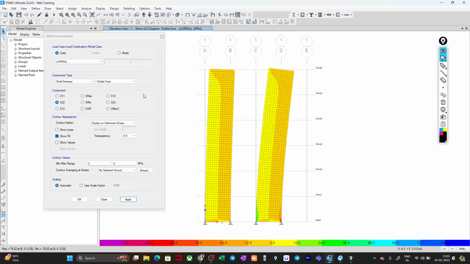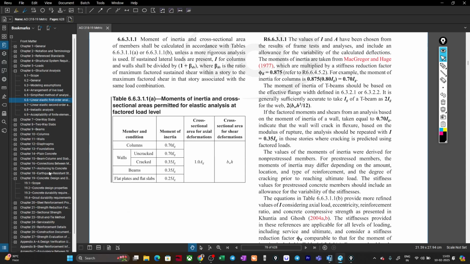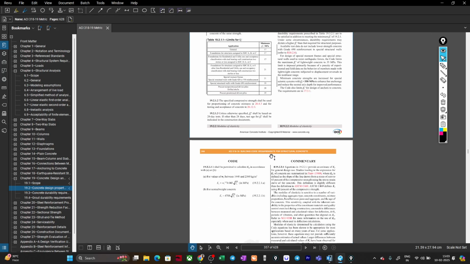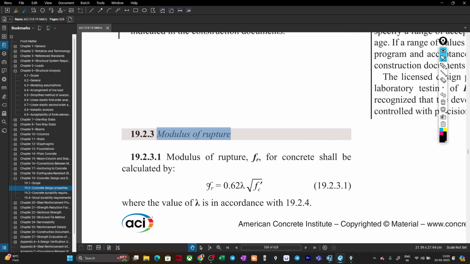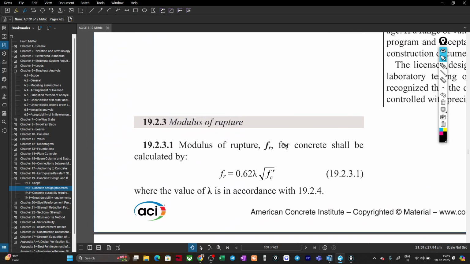For that we need to find out the modulus of rupture, right? So if you go to 19.2, here 19.2.3, the code gives the modulus of rupture value, which is Fr equal to 0.62 times lambda times root under Fc prime, right?